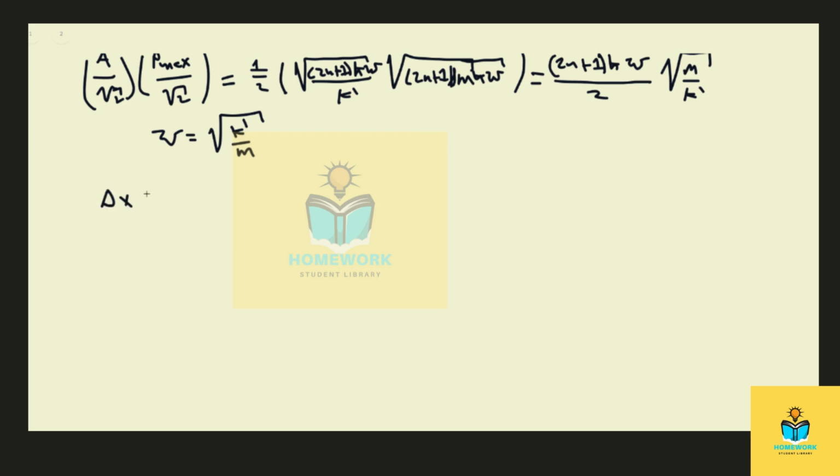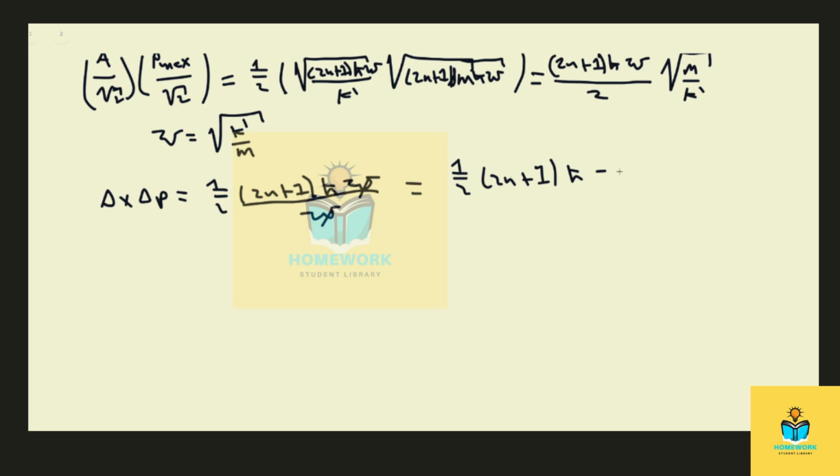Delta x delta p is equal to 1/2 times 2n plus 1 h bar omega over omega. These cancel out, so you get 1/2 times 2n plus 1 h bar. So bring in the 1/2, which is equal to n plus 1/2 h bar.